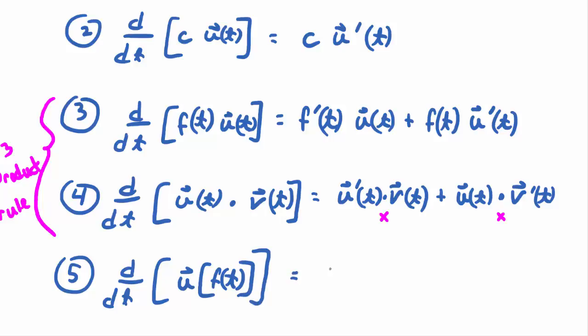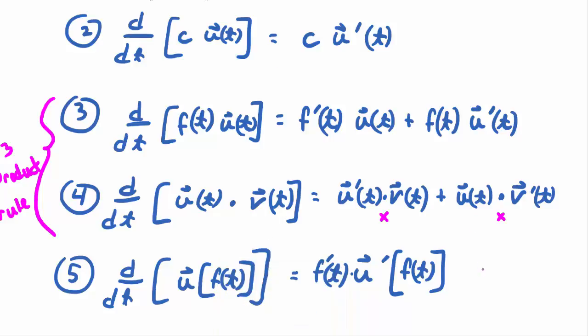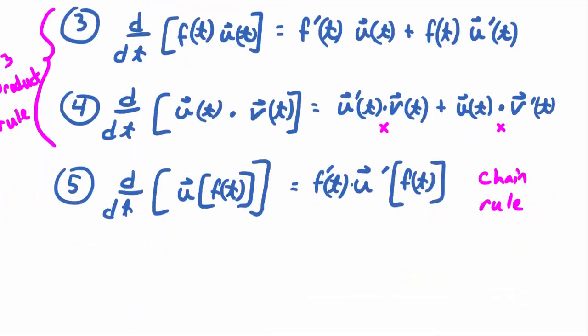Then it shouldn't come as a big surprise that you take the derivative of the vector valued function, u prime of f of t, and multiply by the derivative of the function inside, f prime of t. And that is the chain rule. Okay? These are your rules for taking derivatives.